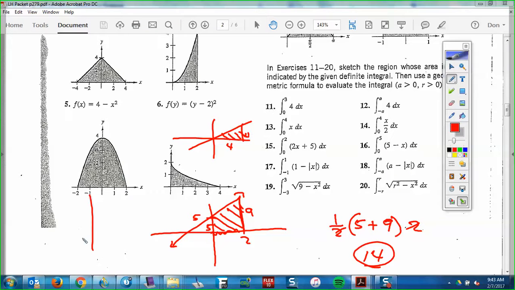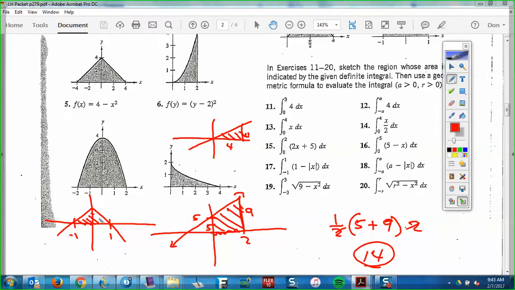Now, on 17, you've got to be able to graph these without a calculator, and I don't know how many used a calculator here. Our next quiz will be no calculator, so there'll probably be some of these where we have to draw, or maybe a picture will be given for you. If you have to draw, you've got to know that's a V graph flipped upside down, shifted up 1, which also means, since the slope is 1 on those, it's going to cross here and here.